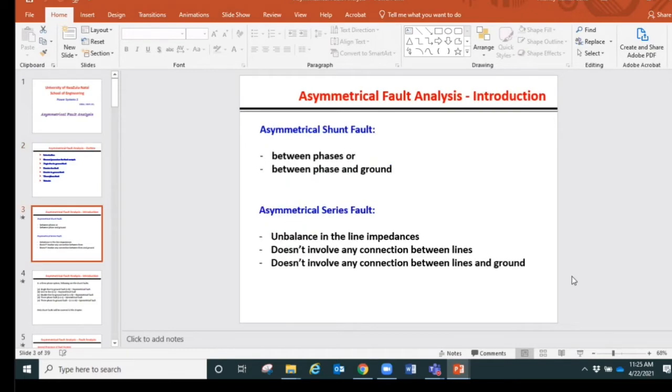So now I am coming to this asymmetrical fault analysis. Asymmetrical faults happen between the phases or between a phase and ground.